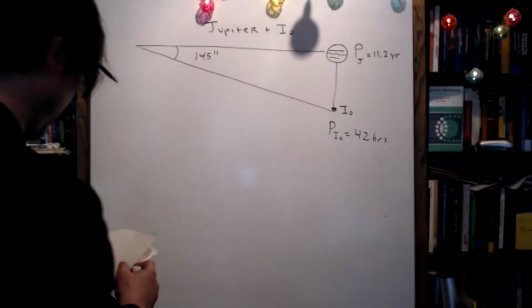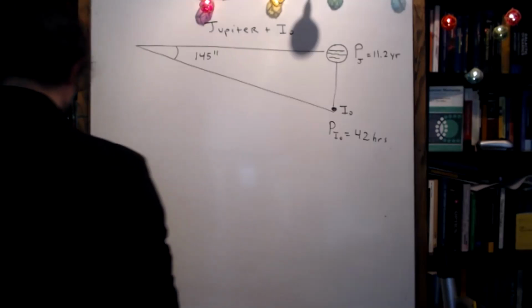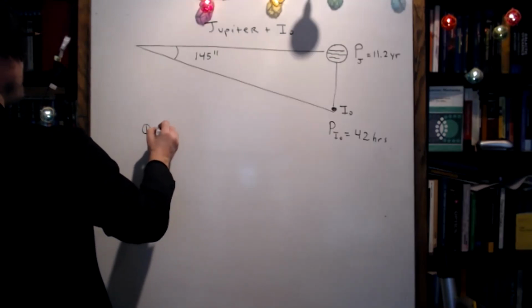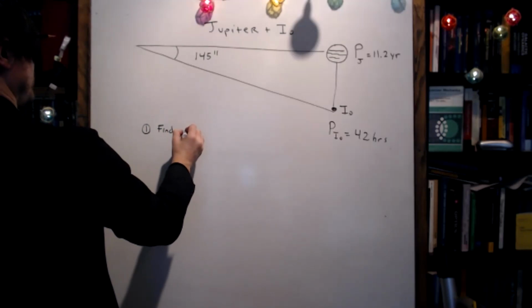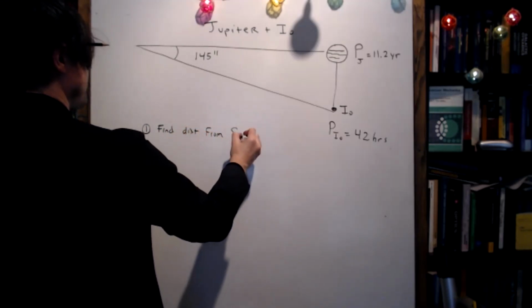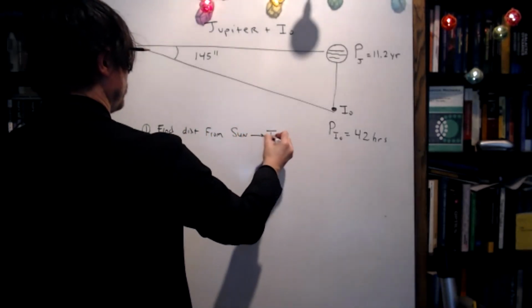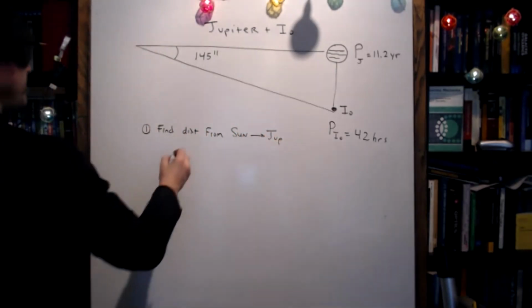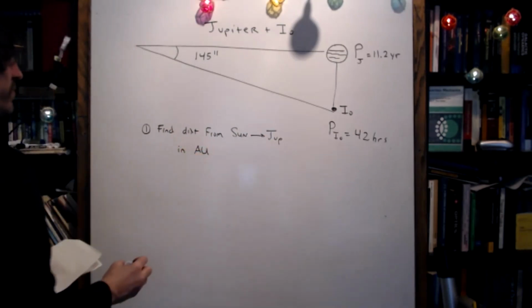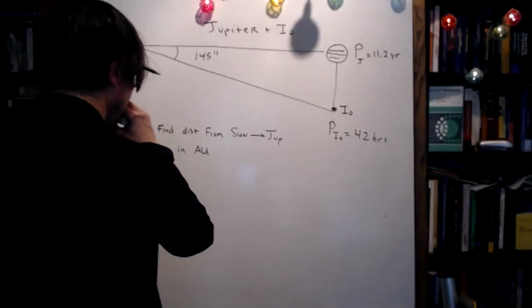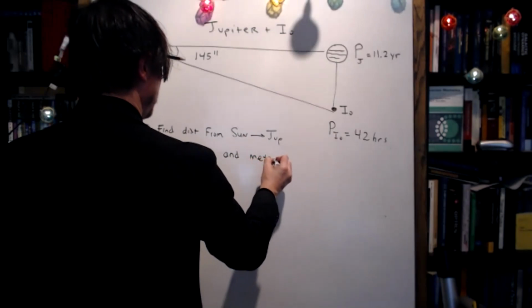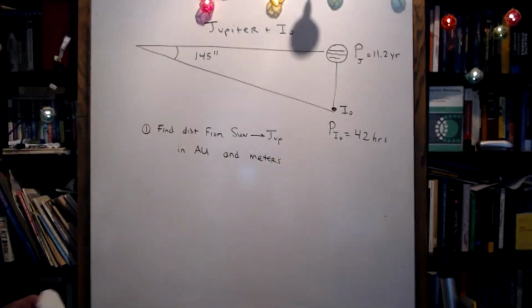Here's what you're going to do for me. One, find the distance from the sun to Jupiter in AU and in meters.